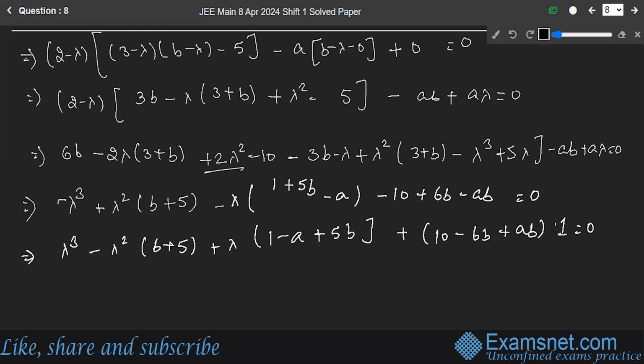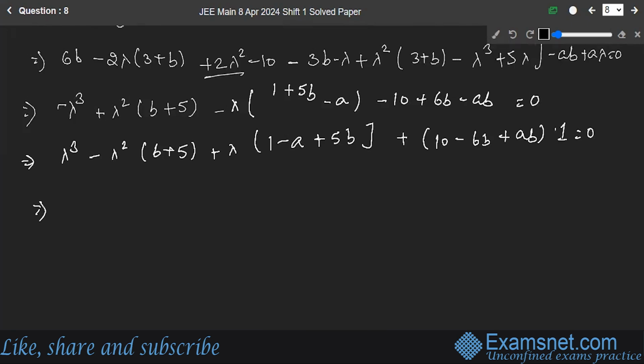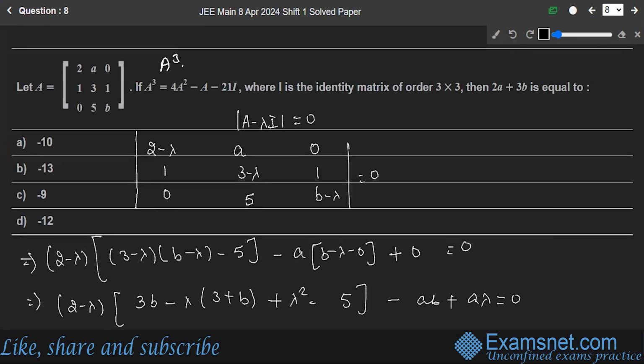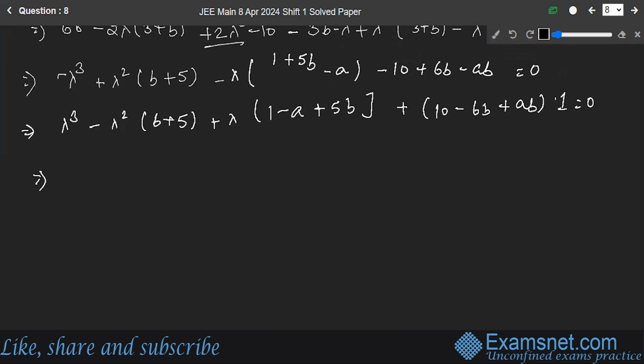This is a constant. Now if I compare it with the given equation, this can be written as A³ minus 4A² plus A plus 21I is equal to 0. So according to that, you have this one. This is A³ and then you have (b plus 5) into A². Wait, my pen tab is hanging. Give me a minute.